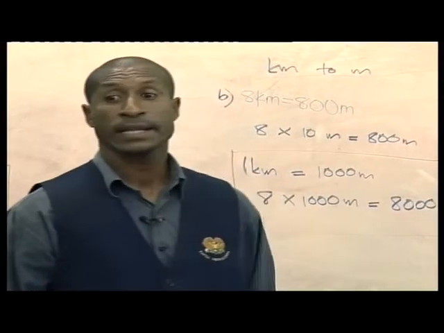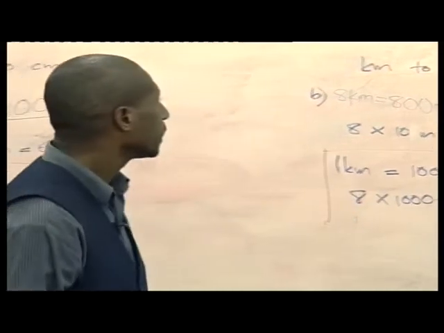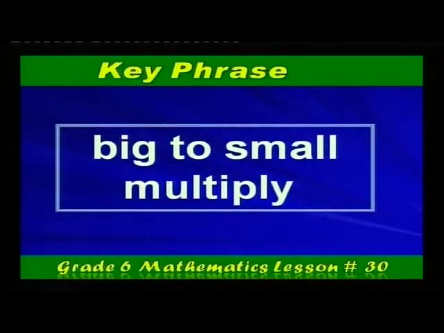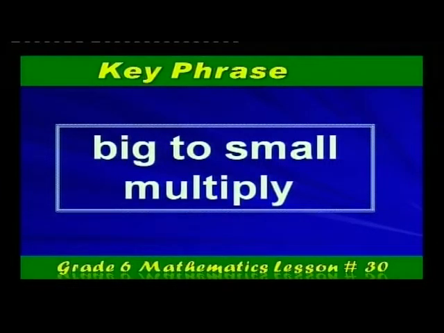Unit length. Okay, let's look at what is big to small, multiply. So, in other words, when you are changing bigger units of length to smaller units, you must multiply.